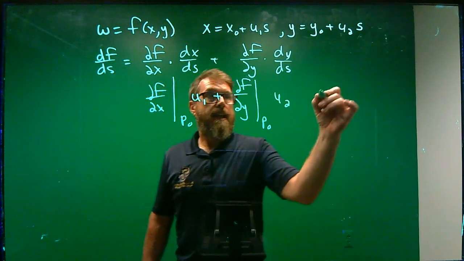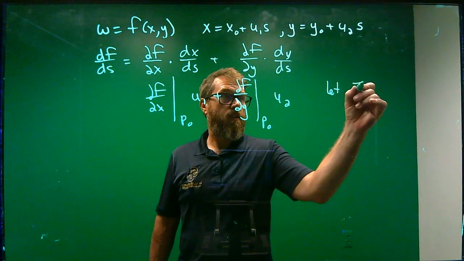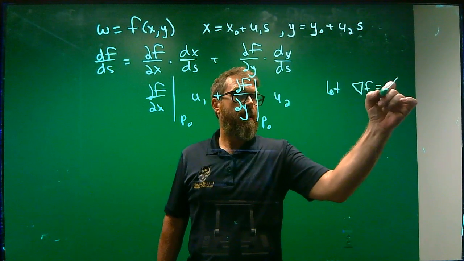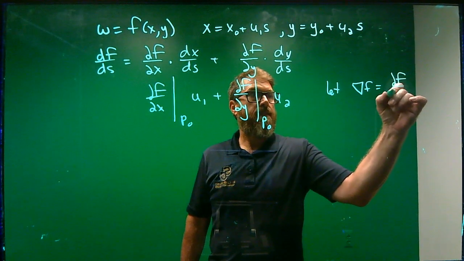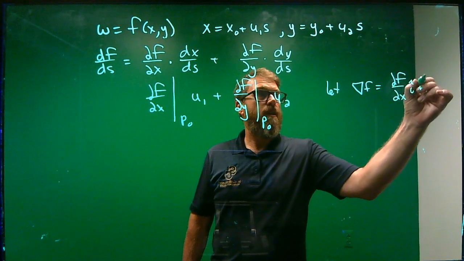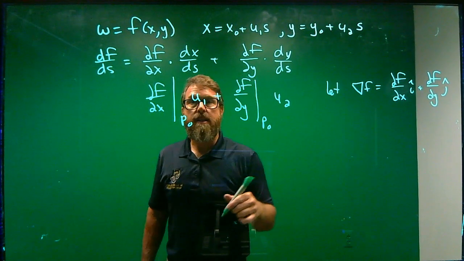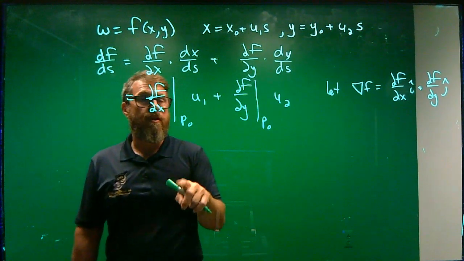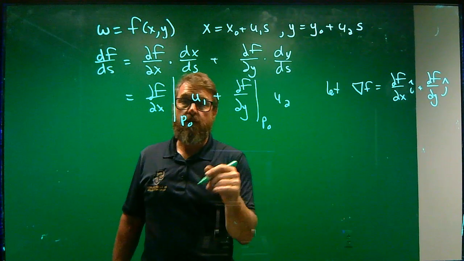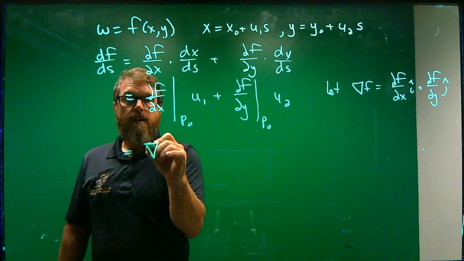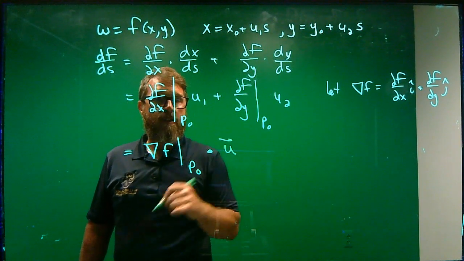And if I let this thing be the gradient, so we consider the gradient of f to be df dx i plus df dy j, then we can see that this expression is nothing more than the dot product between this gradient and the vector u. So this ends up being the gradient of f evaluated at p naught dotted with my u vector.